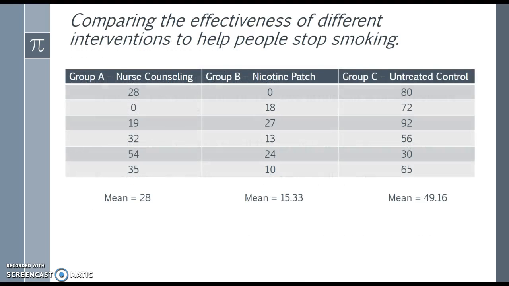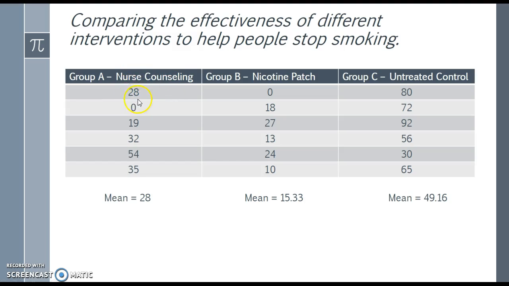So let's take a look at this in a little bit more detail. When you're comparing the effectiveness of different interventions to help people stop smoking, we have three groups of people. We have a group of smokers who are receiving counseling through the nurse. We have group B, which is receiving the nicotine patch. And finally, we have group C, which is not receiving any kind of treatment.